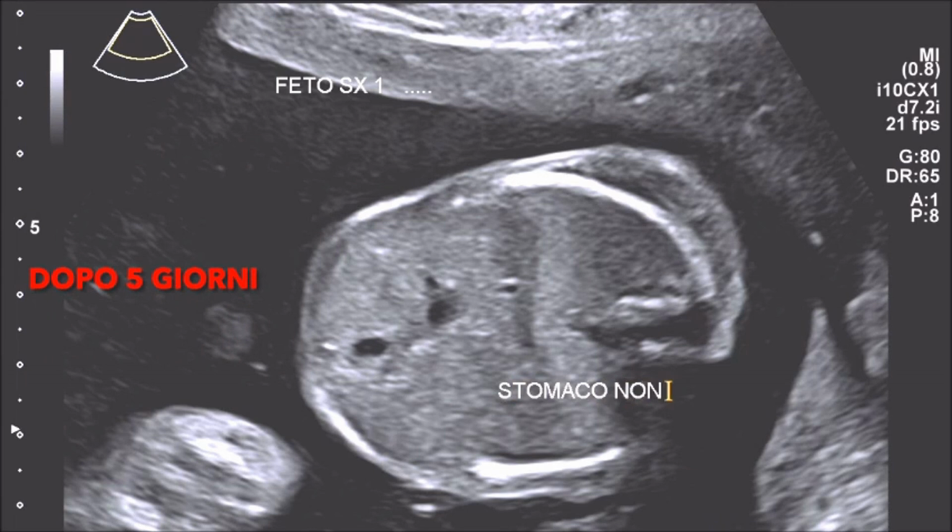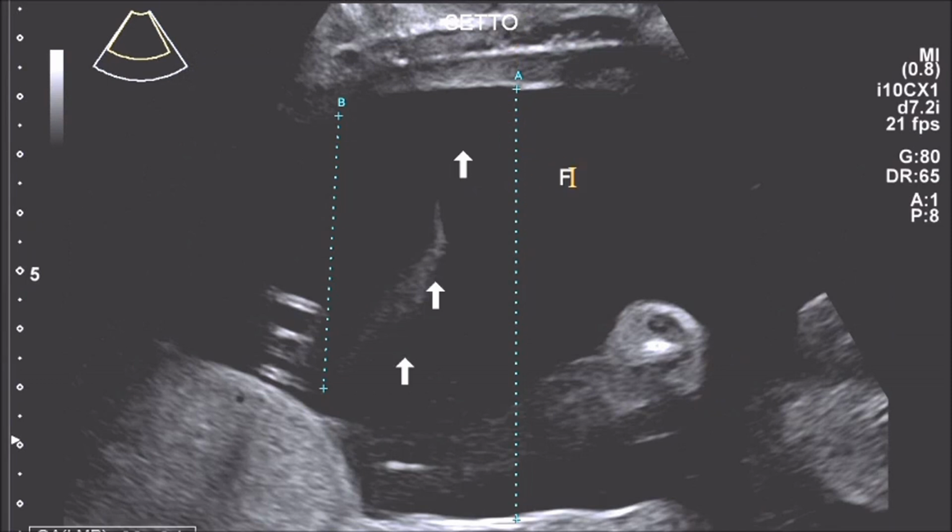We re-examined the fetus after 5 days and the stomach was still not visible, so the location of the stomach remained empty at every observation. This confirmed the suspicion of esophageal atresia without fistula. The amniotic fluid also remained at the upper limit for the gestational age, with a maximum pocket for the fetus on the left side, which in this case measured 74 millimeters.